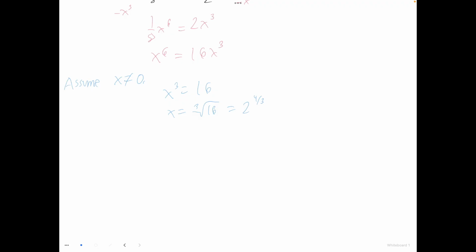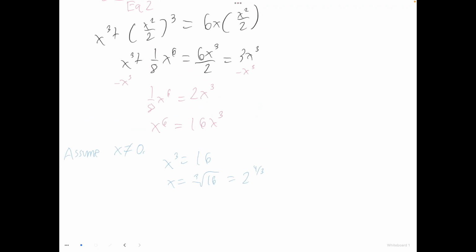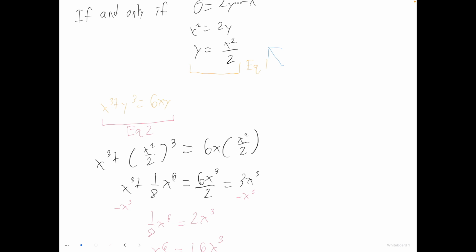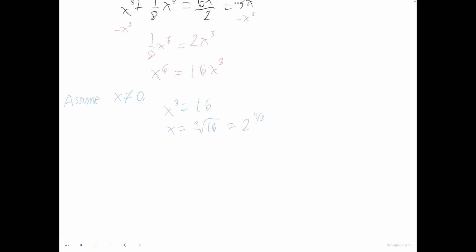So now we need to know what our y value is. So we're going to plug it back into our equation from before, this equation right here. So we get y equals 1/2 x squared, but x is 2 to the 4/3. So y then is going to be 1/2 times 2 to the 8/3, which is going to be 2 to the 5/3.